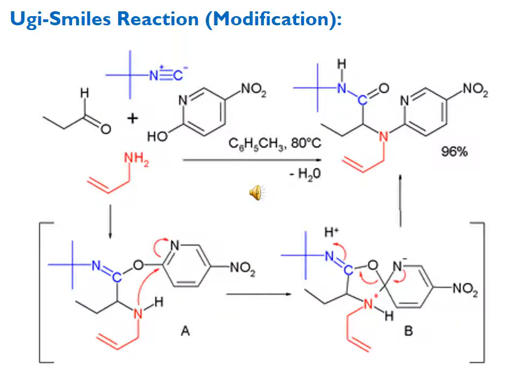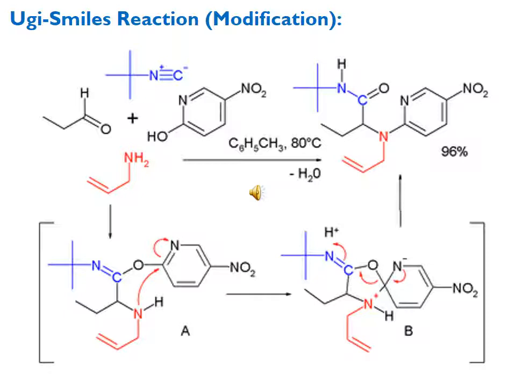The second modification is termed the Ugi Smiles reaction, in which the first step is just similar to the Ugi reaction: 4 components interact with each other and we get the Ugi product. But in the second step there is a simple rearrangement like the Mumm rearrangement, in which the aromatic system is shifted from oxygen to nitrogen, and we get the final product.